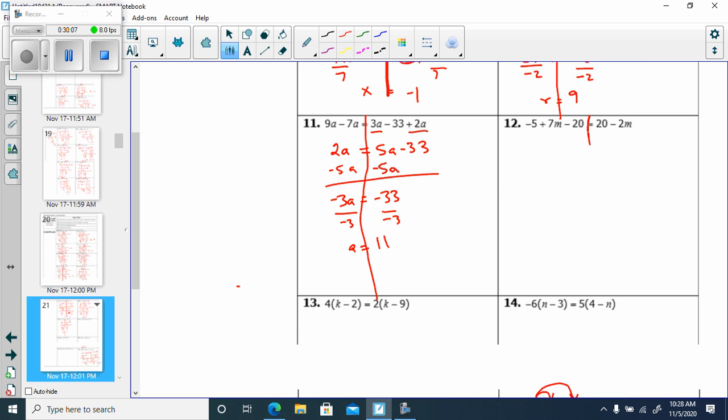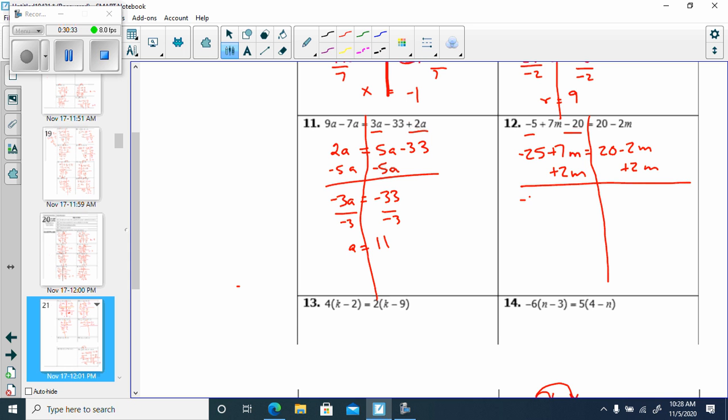Now let's look at this one. Is this as simple as it gets? Now I can combine negative 5 and negative 20. It's negative 25 plus 7m equals 20 minus 2m. Okay, so let's make sure all our variables are on one side, the numbers on the other. Let's add 2m to both sides.